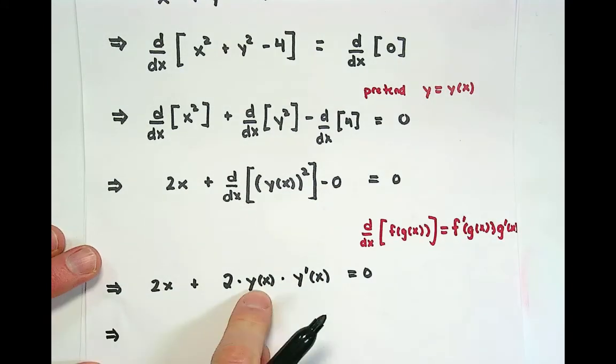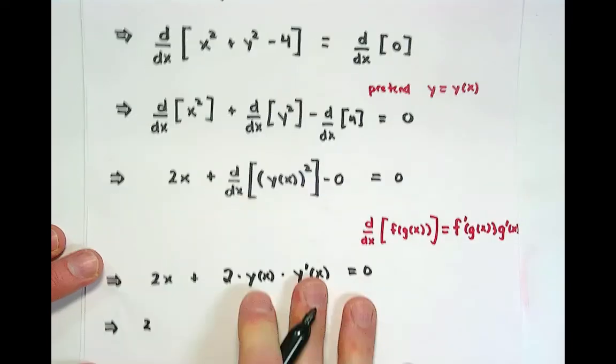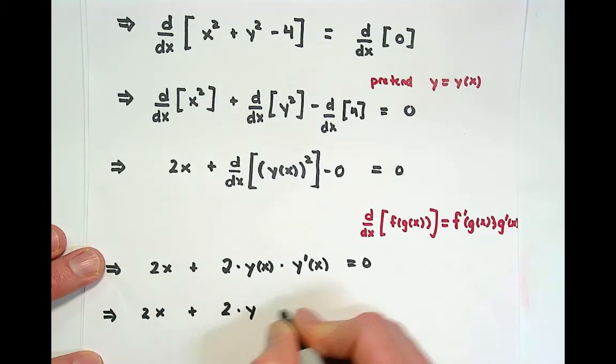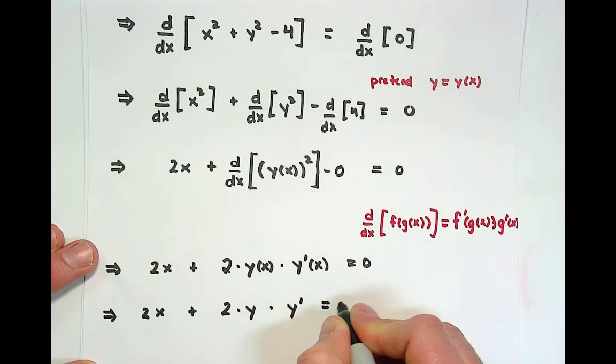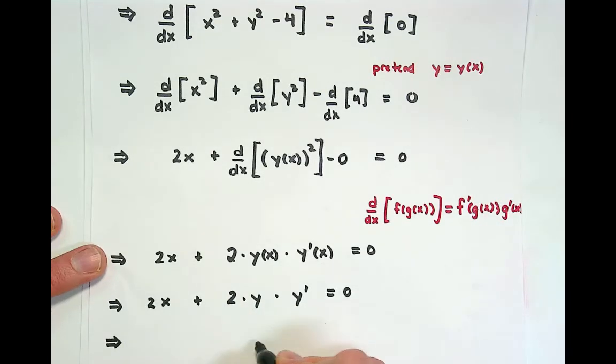We could rewrite this. Every time we see a y of x, we could write that as just y, because that was the assumption that we made in our symbolic manipulation. So this is 2 times y prime. This y prime is the exact derivative, or the slope of the tangent line that I'm looking for. So now if I want to isolate y prime, I can bring the 2x over to the other side and then divide by 2y.